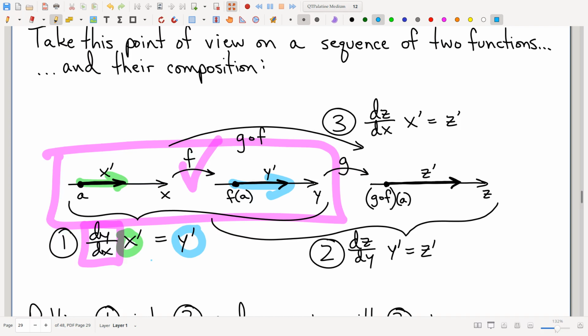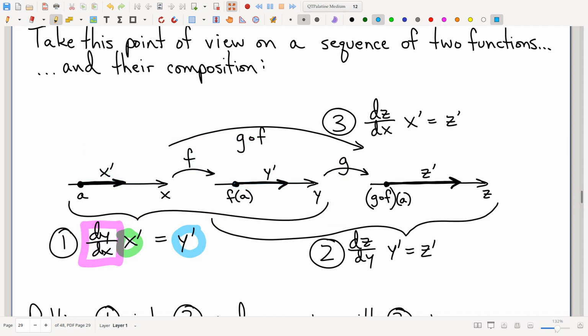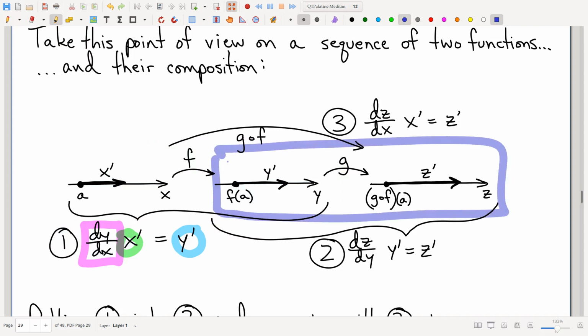Now next, I can relate this part of the diagram. This is just another function. Here I've got a second function called g. Y is the input, z is the output.